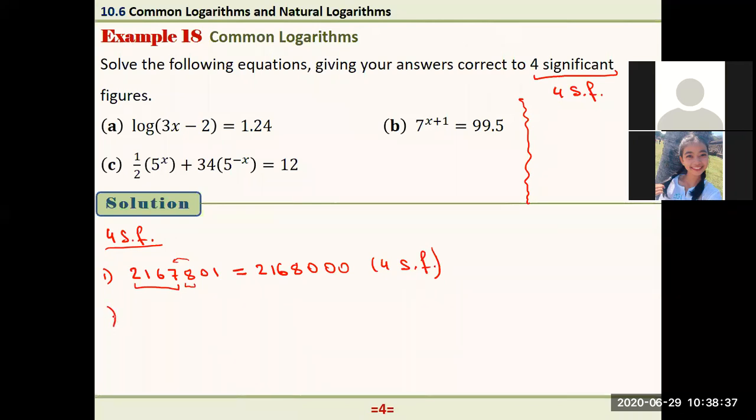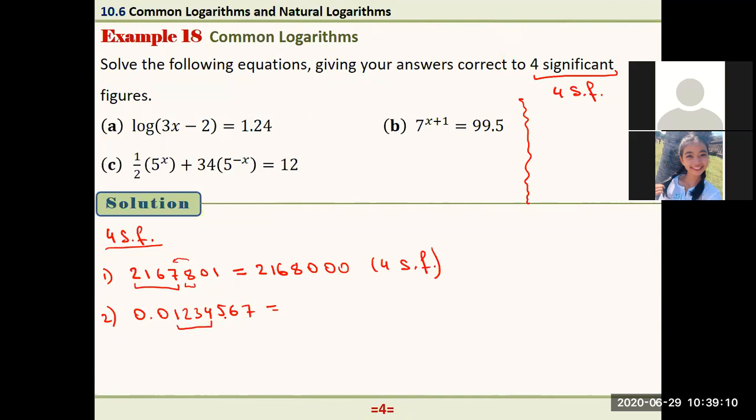Another example, let's say 0.01234567. How can you write this number correct to 4 significant figures? Starting from the first non-zero digit. What's the first non-zero digit? It is after the 0, 0, so starting from here. Now count 4: 1, 2, 3, 4. So these digits are significant for us. The rest we have to just round off.